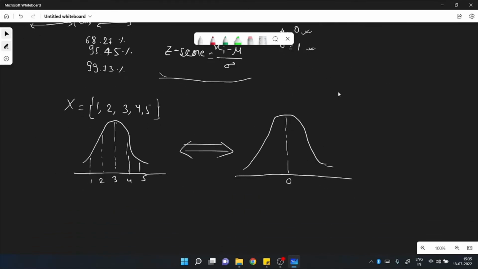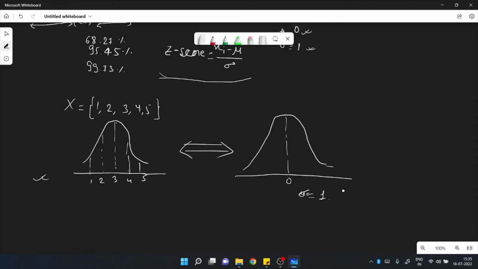So for conversion from normal distribution to standard normal distribution, the mean should always be 0 and the standard deviation should always be what? 1. Now let us convert this particular distribution into the standard normal distribution, and you will get a clear-cut understanding.